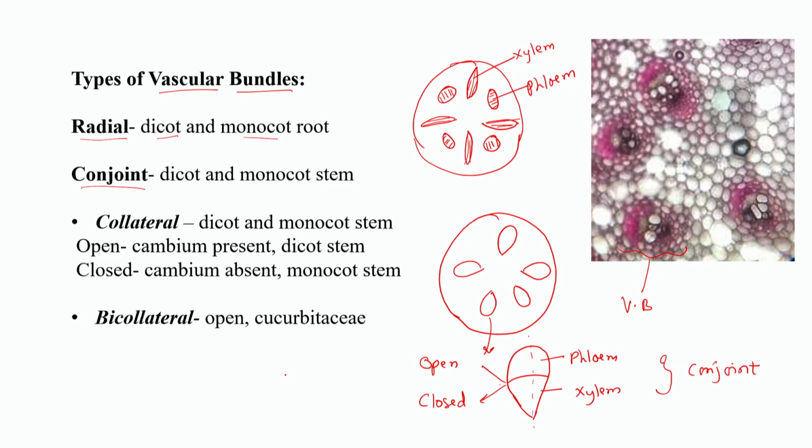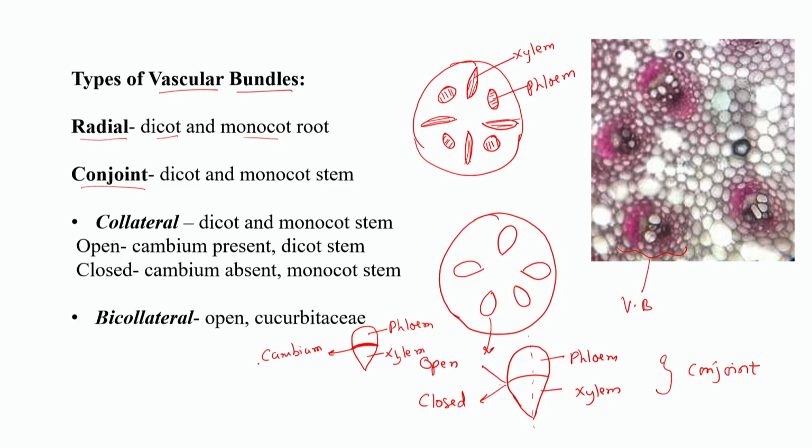Now, we call it an open vascular bundle when cambium is present. This is the phloem, this is the xylem and this is the cambium.